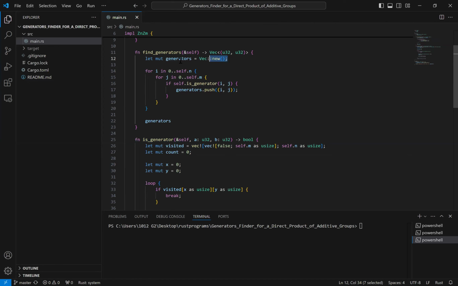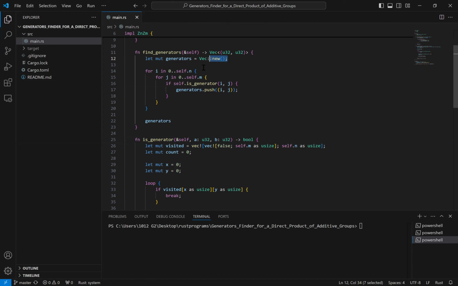Then this one asks, what about (1, 3)? Then it calls the is_generator function with (1, 3), to find out whether (1, 3) is a generator. And we shall be looking at how it does that. Once it finds (1, 3) is a generator, it pushes it into this empty vector.